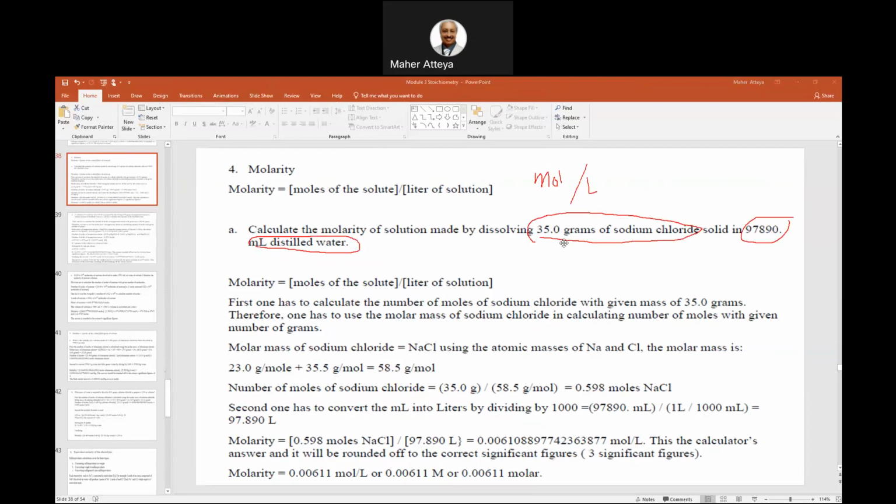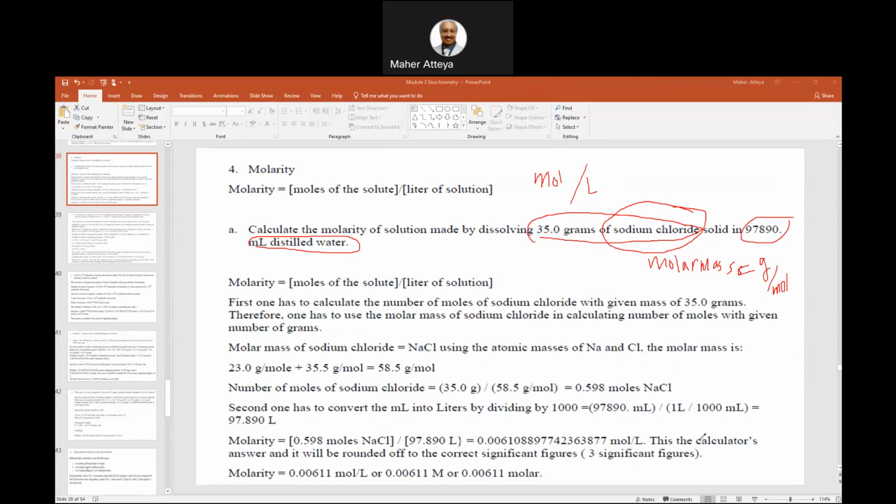Now, here we have a problem. We don't have moles, we have grams. So we need the sodium chloride molar mass. What's the unit of the molar mass? Gram per mole, correct? That's the unit of the molar mass.